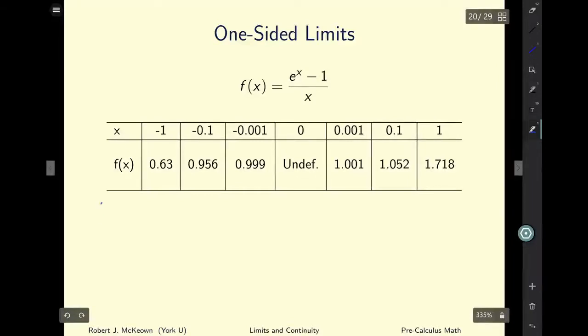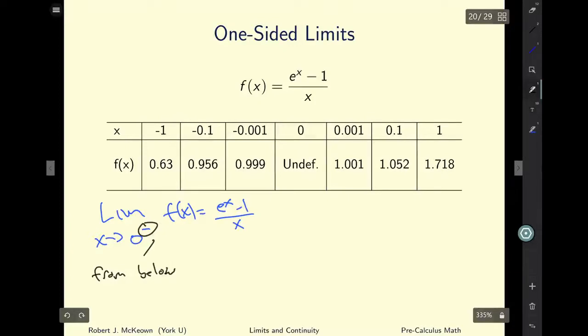Notice that over here, this is the limit of f of x equal to e^x minus 1 over x when x approaches 0 from below, notice I got the little 0 there. That's from below or from the left. And this is equal to 1.